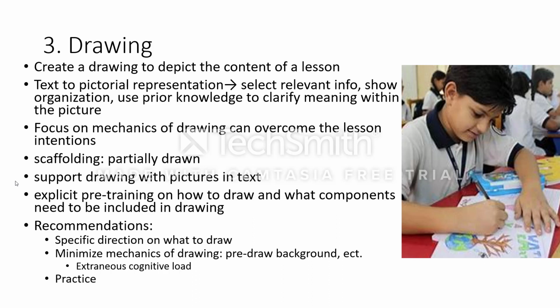So it's important to minimize the mechanics of drawing so that you can also minimize the extraneous cognitive load. This can also be done with scaffolding by providing pre-drawn backgrounds or already designed shapes and fillers. Technology is a great asset in this skill. In order to prepare students for this strategy of cognitive development, you may want to supply drawings and pictures within the text that they're reading.